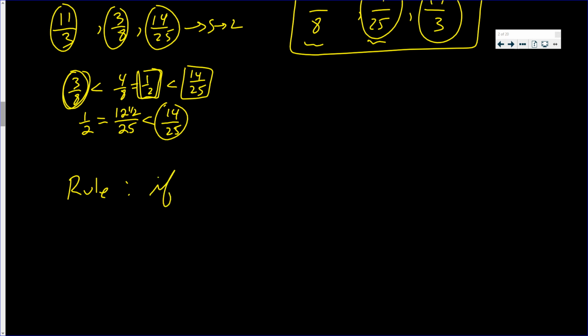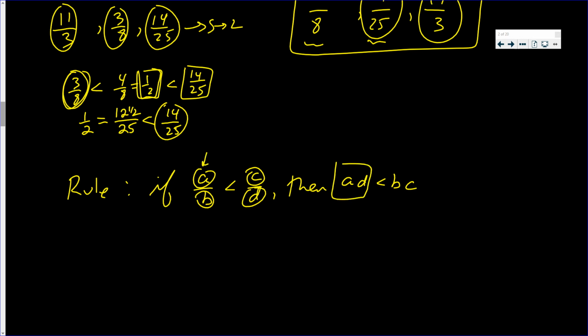It says if A over B is less than C over D, then A times D is less than B times C. Notice that we multiply those numbers, but I put it on the left because A was the numerator between these two numbers.